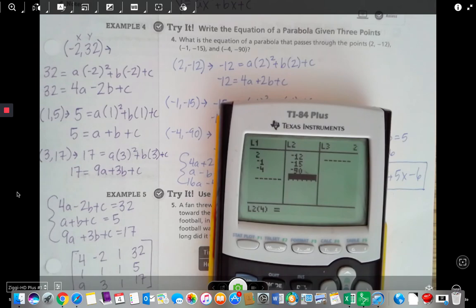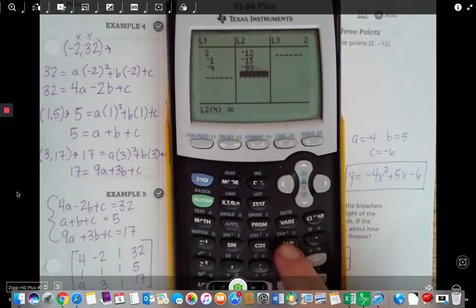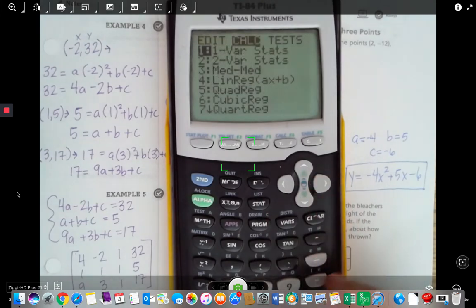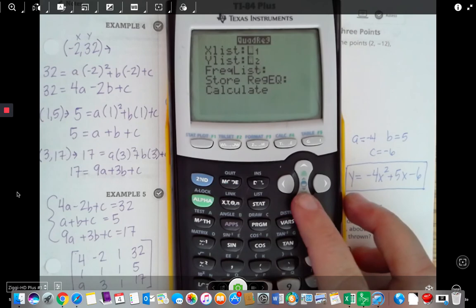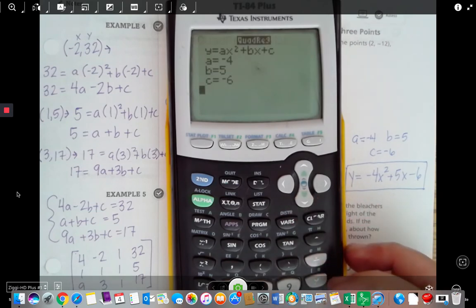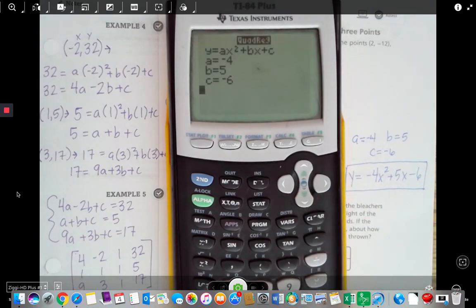I know this is a quadratic because it is raised to the second power. So I go to Stat, Calc, and do y'all see where it says quad? That's what we choose. And it gave us our A, B, and C value, just like that. So that's much quicker, isn't it? But either way works.